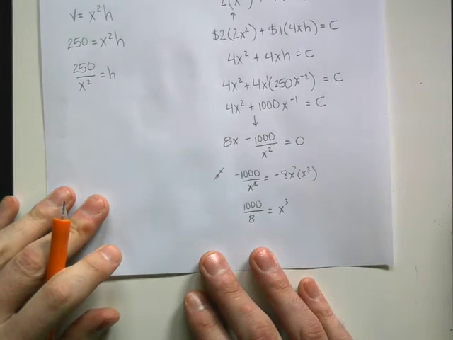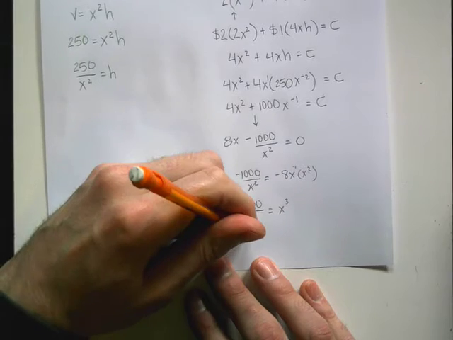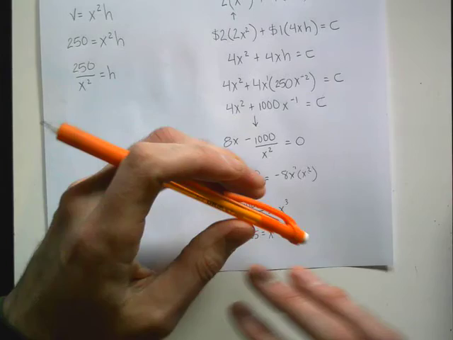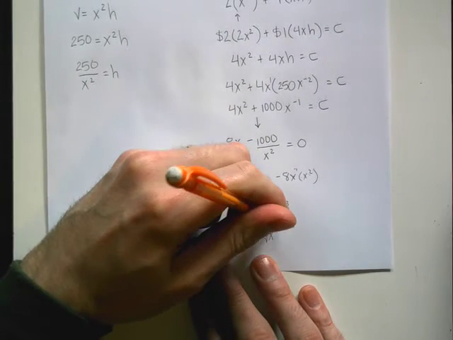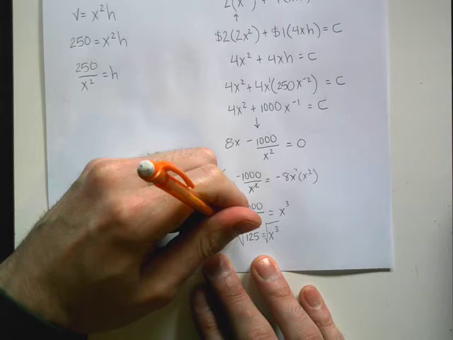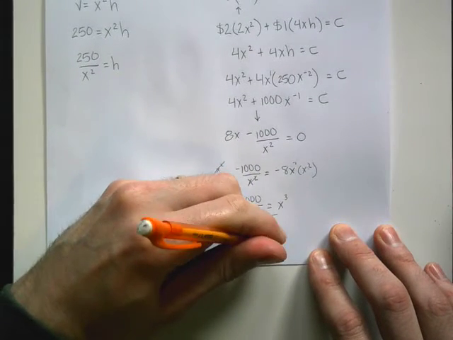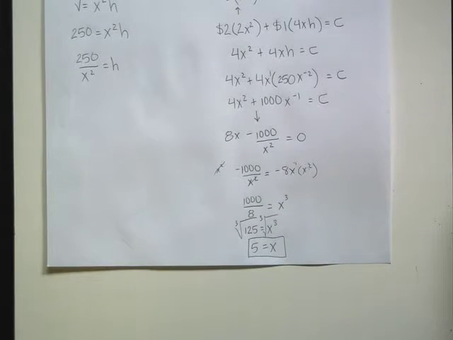So if I divide this by this, I'm going to get 125 equals x cubed. Whoops, not squared, cubed. When you take the cube root of both sides, you get x is equal to 5. Okay, so that's our x dimension.